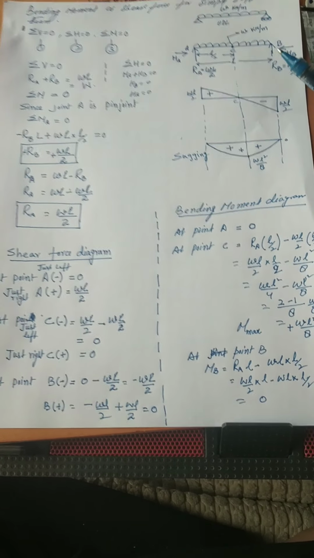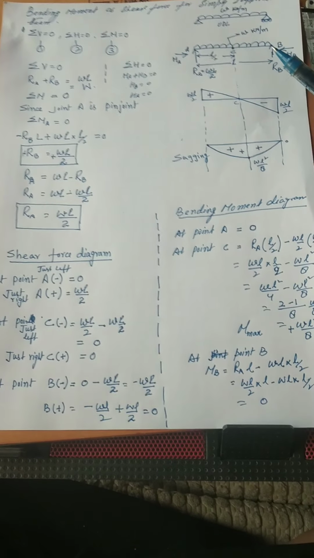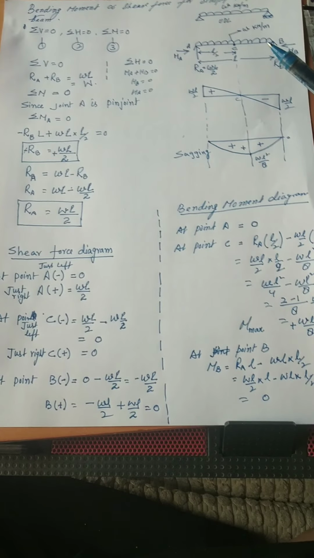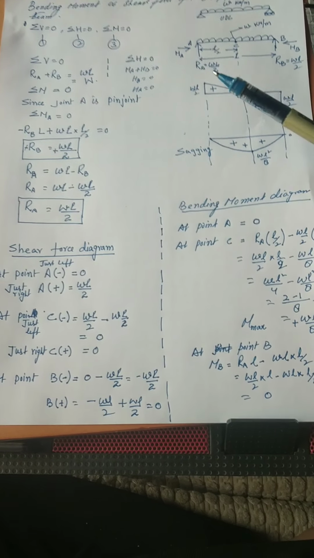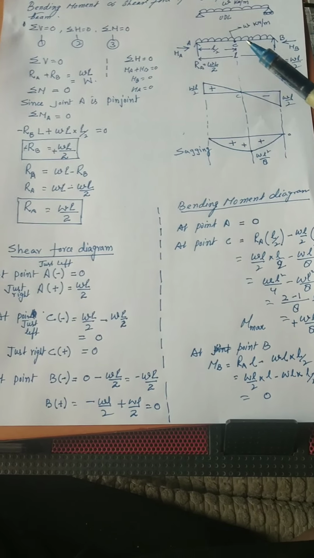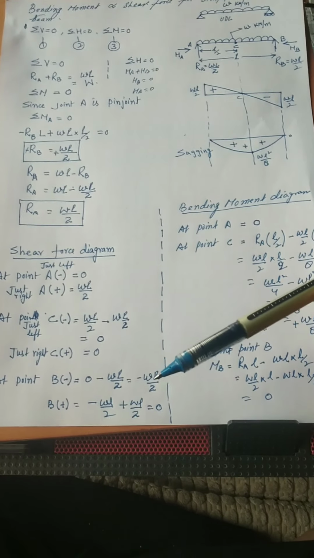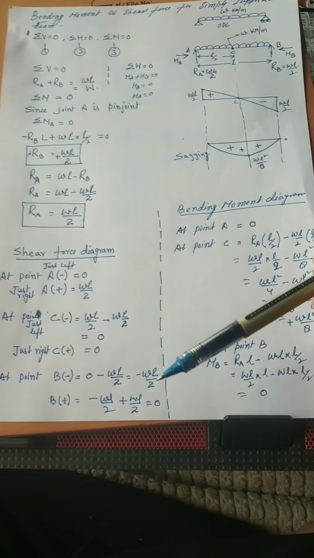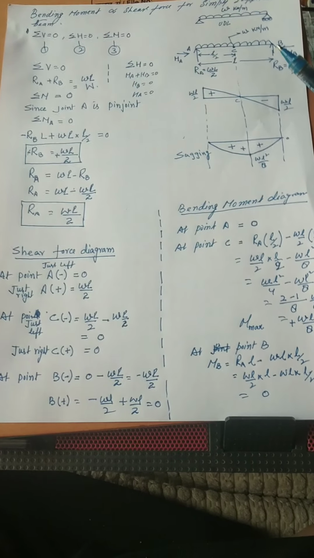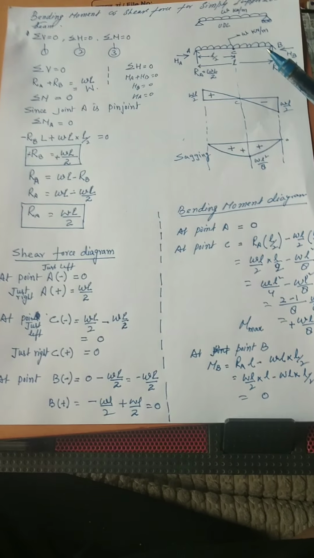Now if I go to point B, just left of this, I have unbalanced forces, that is WL by 2 minus W over a distance of L. So if I solve this equation, my value will come as minus WL by 2. So at point B just left, my value will be minus WL by 2.